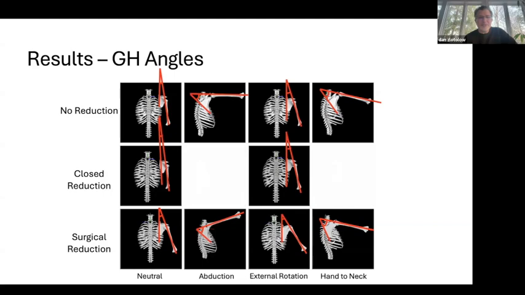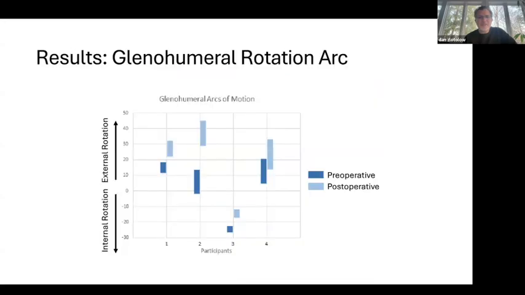What we found, which is really interesting, if you look at the second column, is that the amount of abduction you get really follows the abduction contracture that you get. So a 30-degree abduction contracture will augment your abduction by 30 degrees, which makes intuitive sense, but we didn't know that. And what's interesting is that when we looked at the arcs of motion, it didn't really change. So the arc of motion was translated, but was not extended.